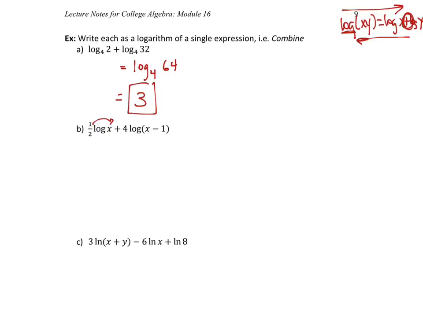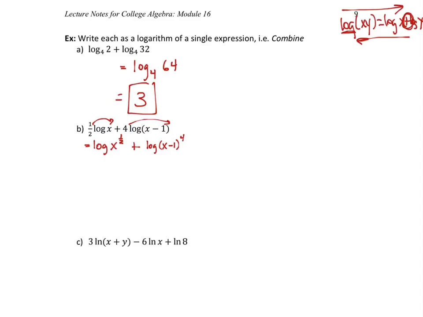So I can take that 1/2 that's out front on this next one and move it up into the exponent. I can take that 4 and move it up into the exponent, and this becomes log of x to the 1/2 plus log of x minus 1 all to the 4th power.